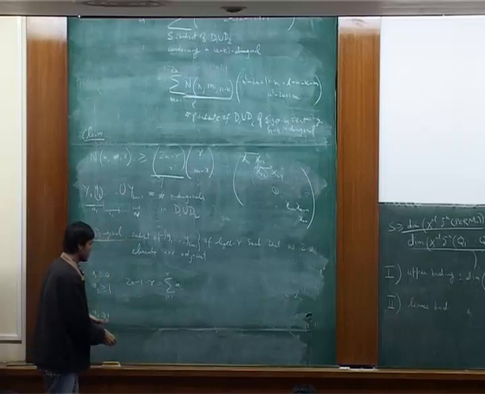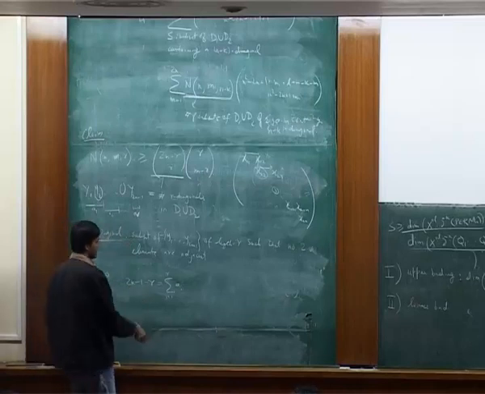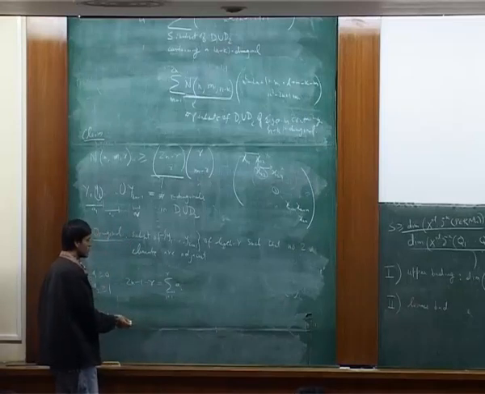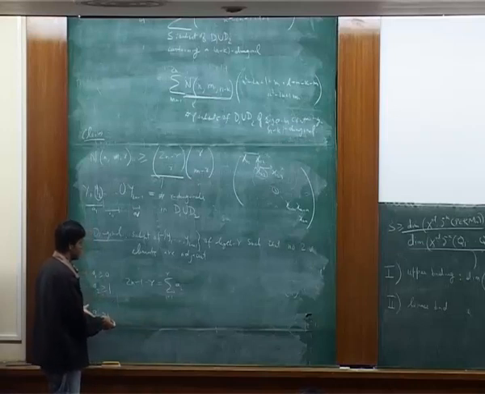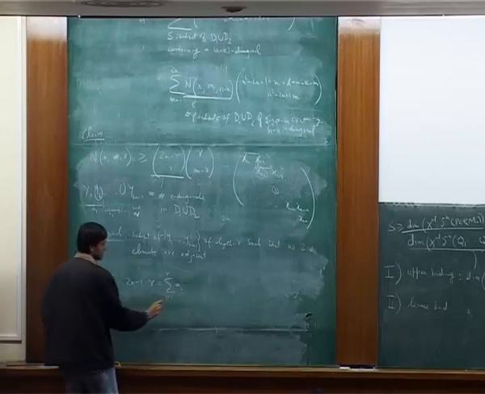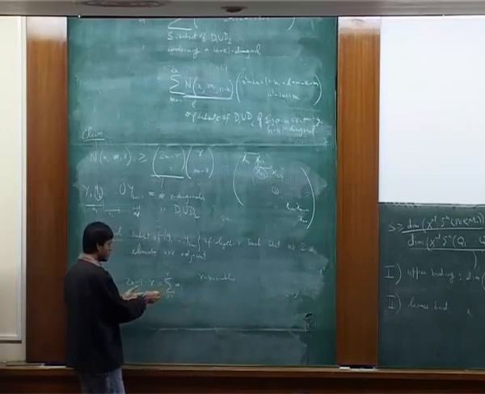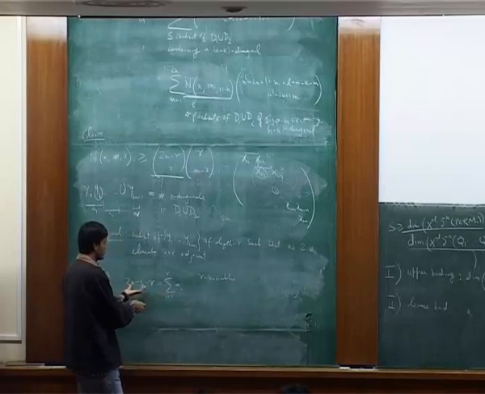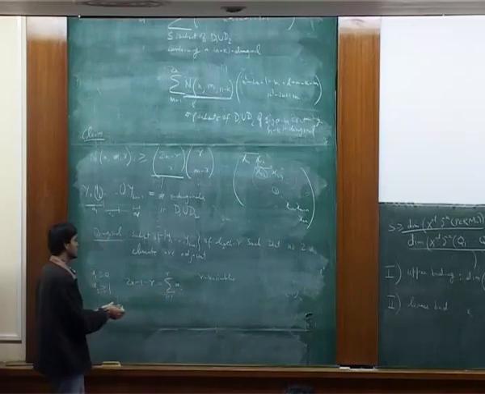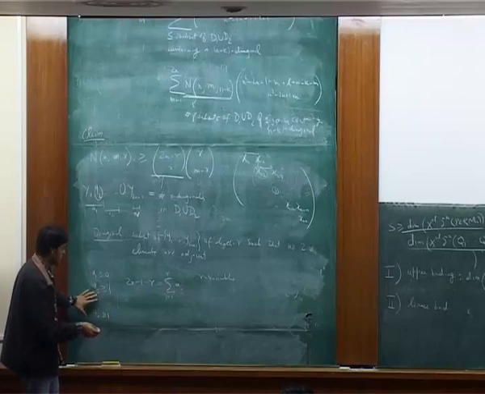Correct? So what is this quantity? The number of solutions of this. Essentially, one way to look at this is just counting monomials. You have R variables, and you want to pick them such that all of them have support at least one.